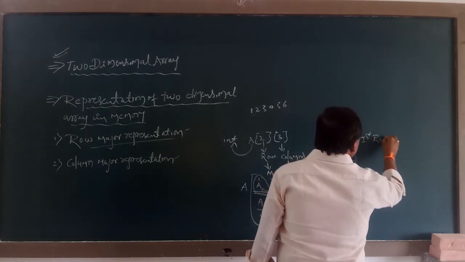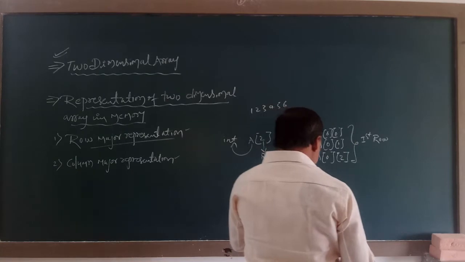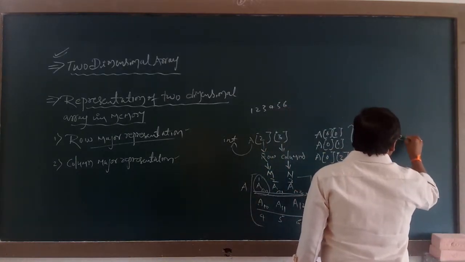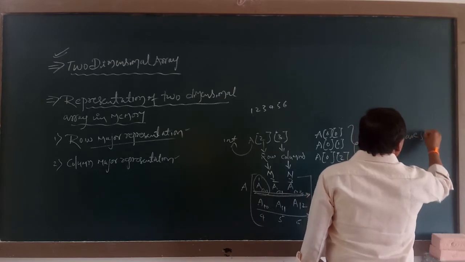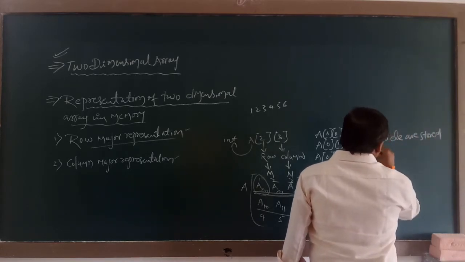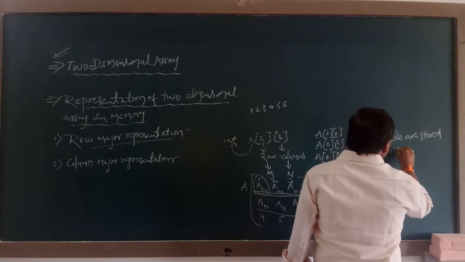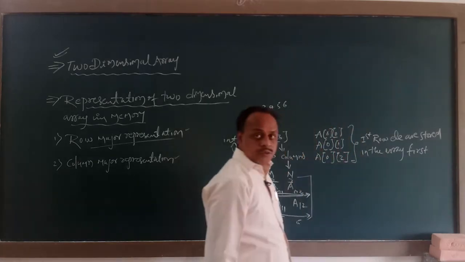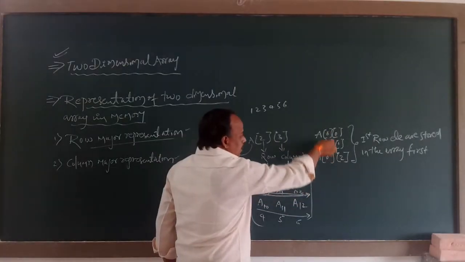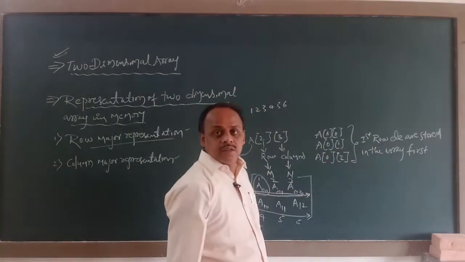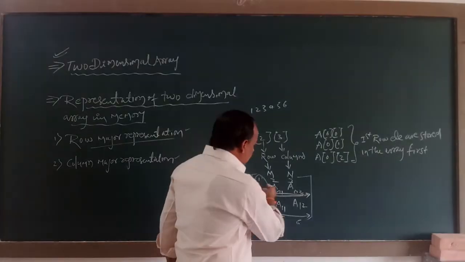First row elements are stored in the array first, right? So these are the first row memory locations. These 3 are filled first, and afterwards the first row is completed.